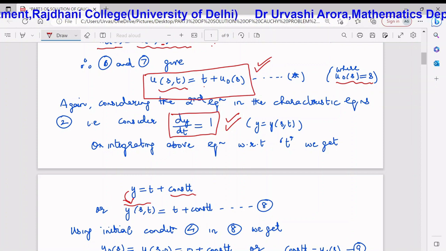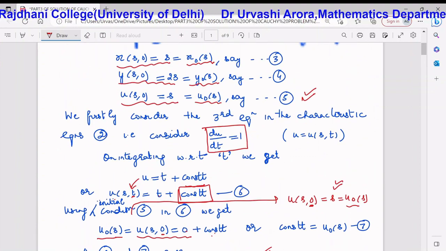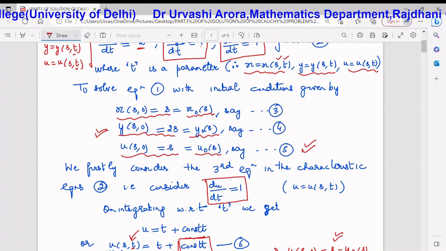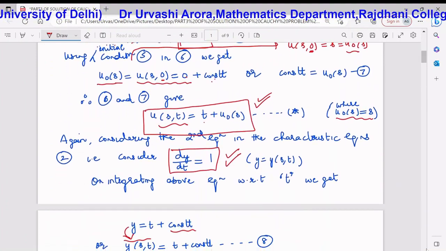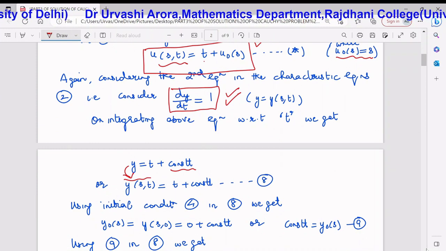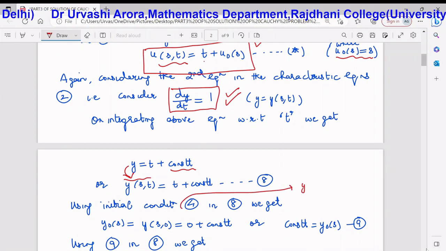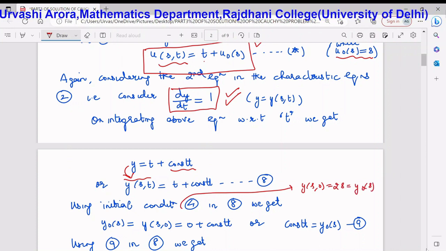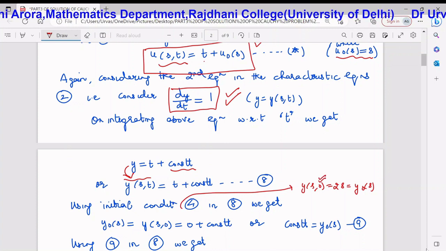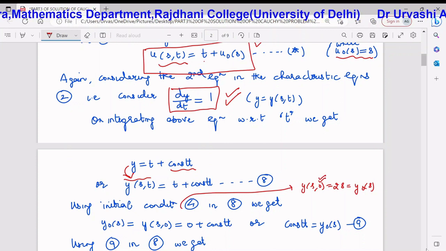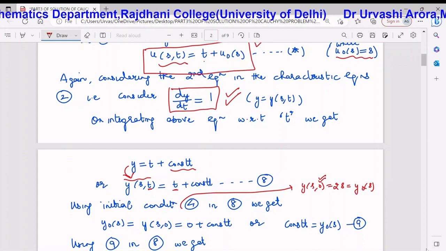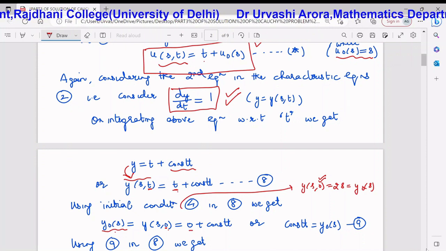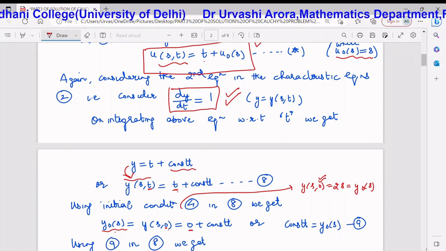Now using the initial condition 4, which was given in the question already, that y(s,0) is equal to 2s is equal to y naught s, I make use of this condition. To do so, I put the second parameter t as 0, so y becomes y(s,0), t is equal to 0 plus constant.